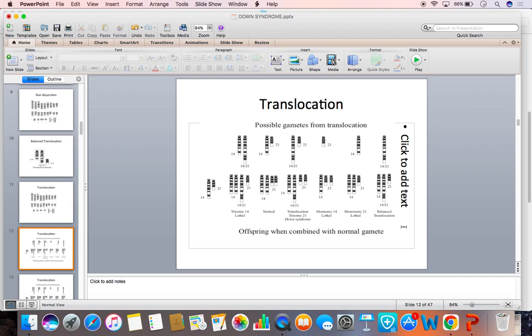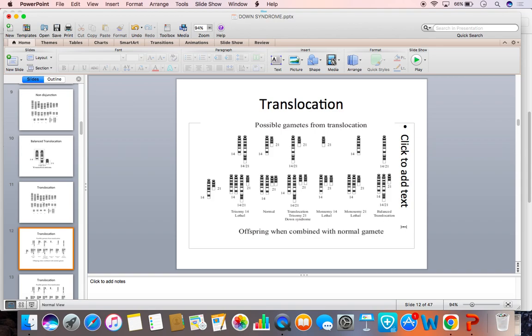So the chromosomal pattern of Down syndrome with translocation is two copies of the normal 21 chromosome, one normal copy of chromosome 14, and one abnormal copy of chromosome 14 with added chromosome 21. Okay, that is translocation Down syndrome.